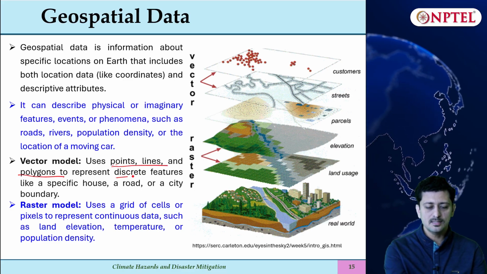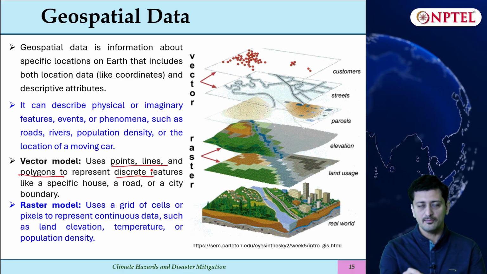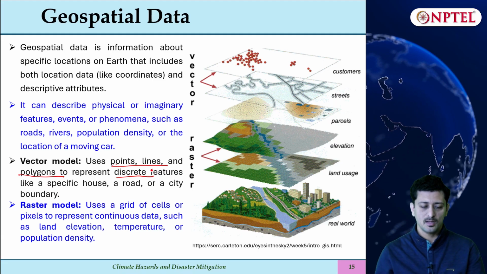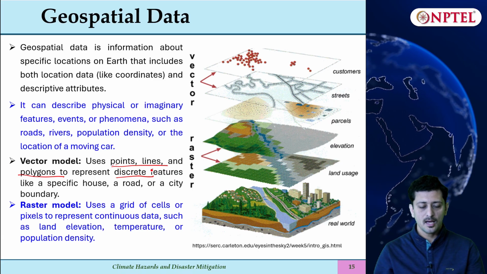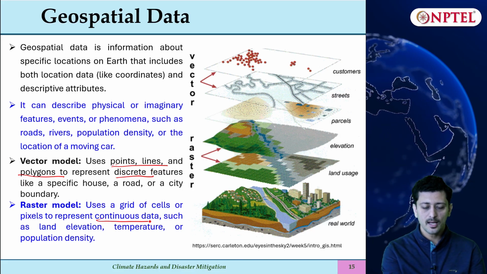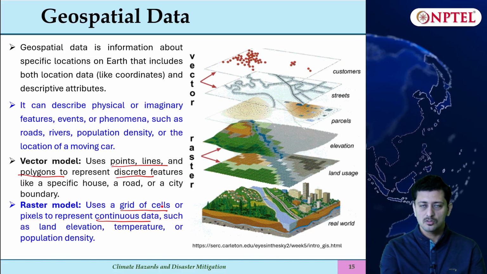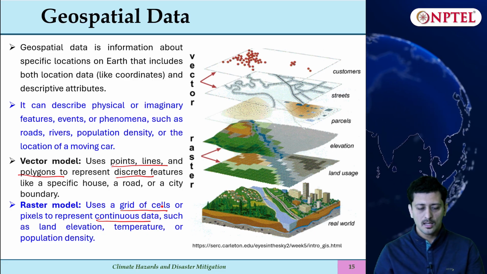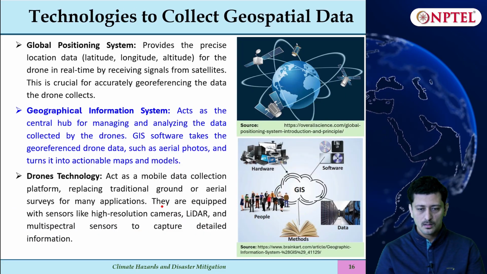So they represent discrete features, like if there is a road or a house or a tree, that can be represented. But rasters are used to represent continuous data in grid cells. So if you have continuous data, you can just represent that particular thing in 1 by 1 pixels.